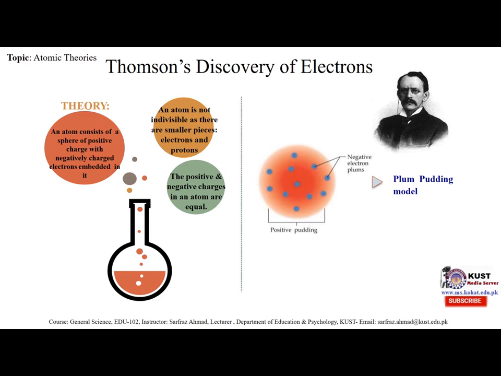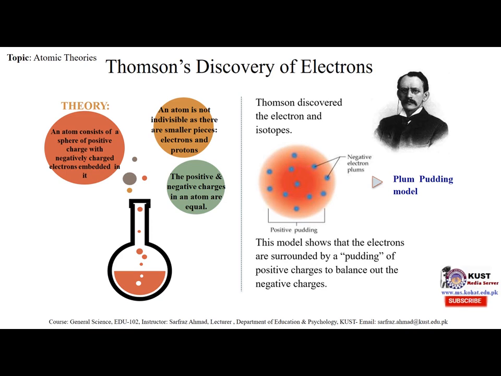So next, we can say that Thomson discovered the electrons and isotopes, and this model shows that electrons are surrounded by the pudding of positive charge to balance out the negative charge.